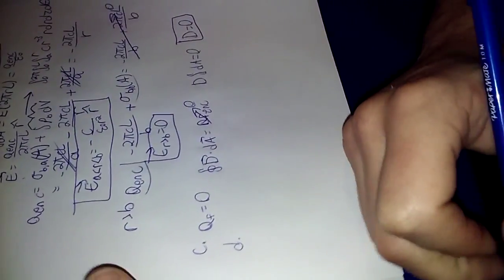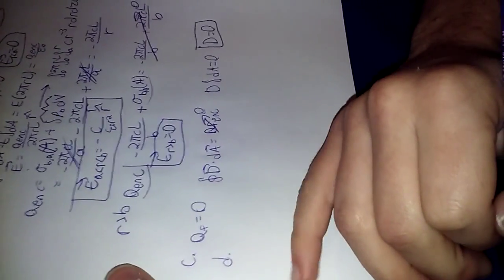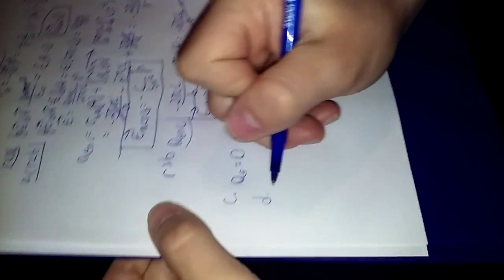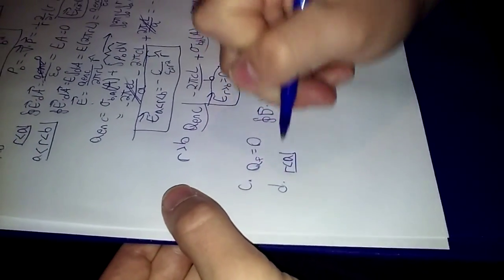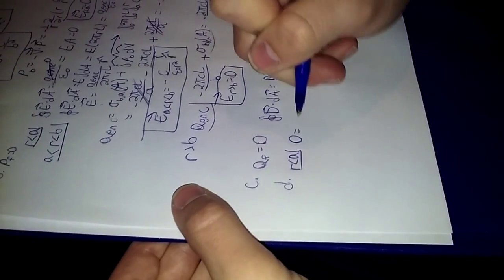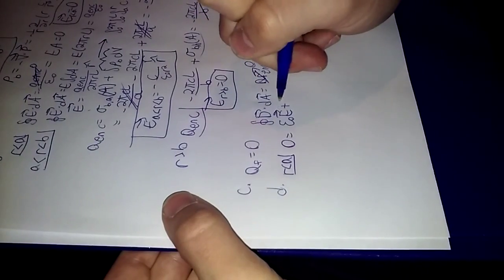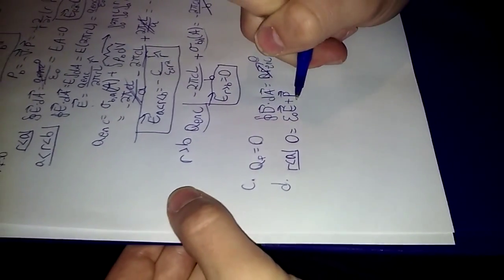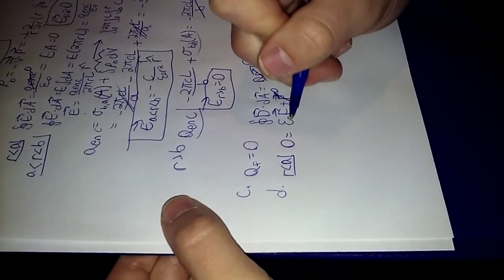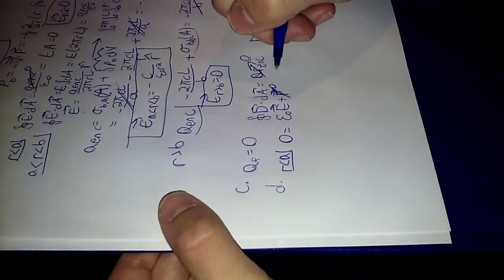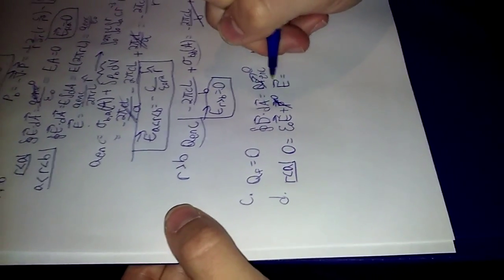Part D, we're now asked again to find the electric field everywhere. So for R less than A, we have the displacement, which is 0, is equal to epsilon naught E plus P. But this is free space, so P is 0. So we have epsilon naught E equals 0. Epsilon naught's not 0, so thus E must equal 0.